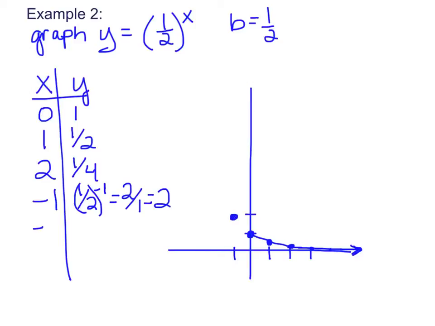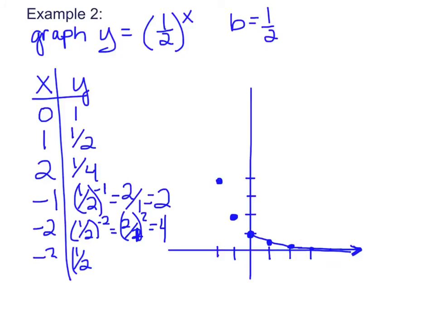And then if x is -2, 1/2 to the -2 power means the reciprocal, 2 over 1 to the second power. So 2 squared is 4. -2, 4. If x was -3, then y is going to be 1/2 to the -3rd power, which is the reciprocal. 2 over 1 to the 3rd, that's 8.